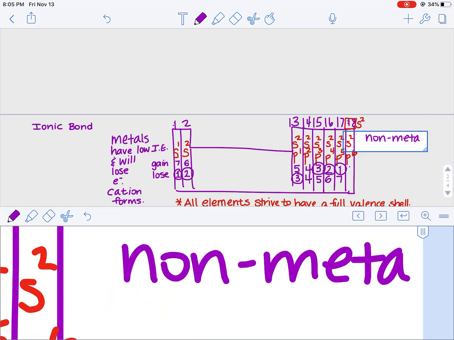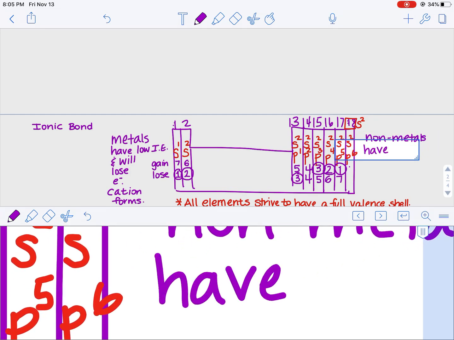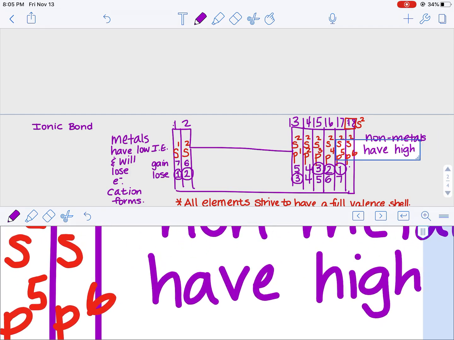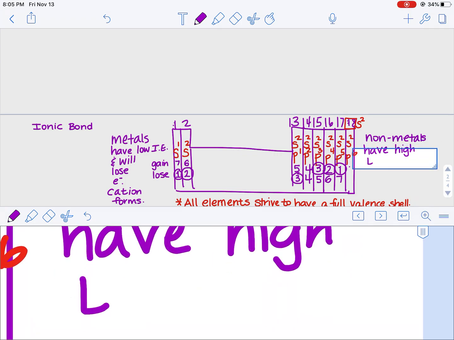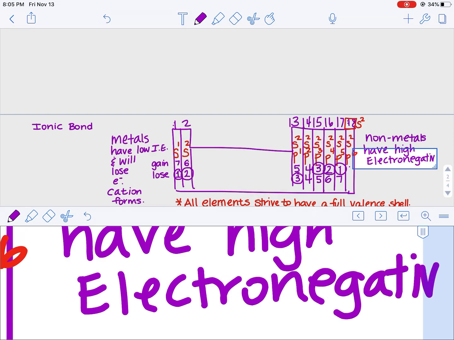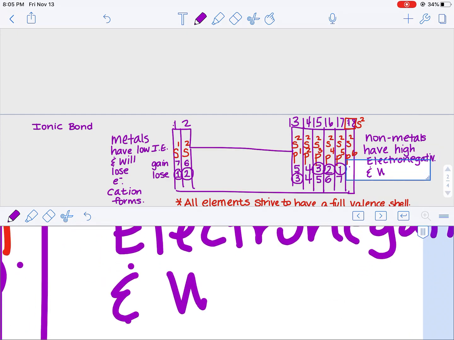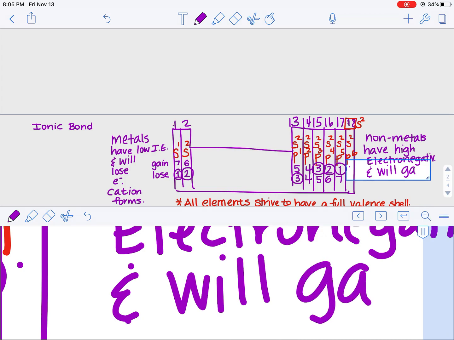The nonmetals have high electronegativity and will gain electrons.